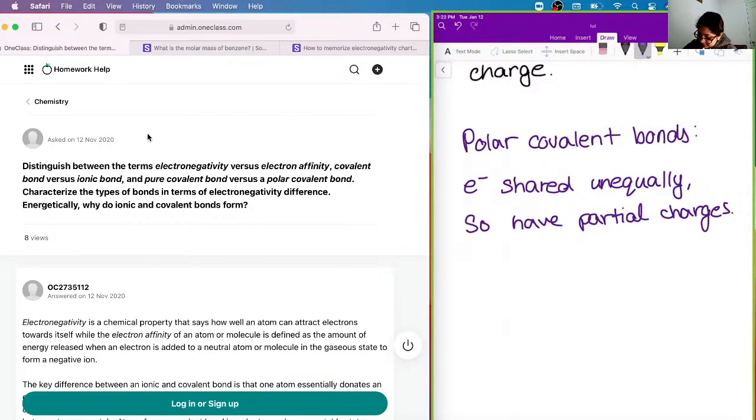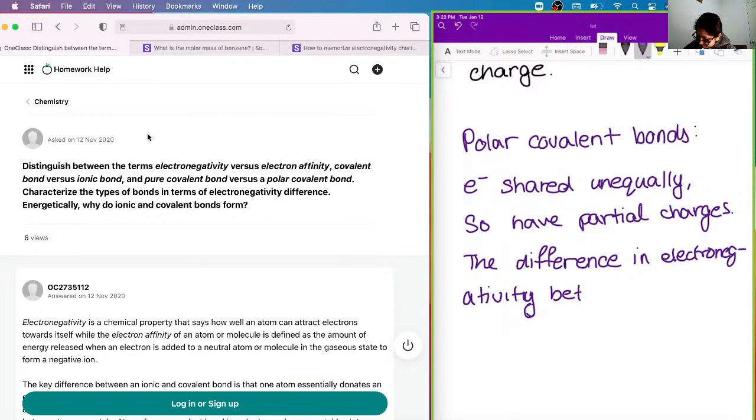So basically the difference in electronegativity between two atoms is what determines how polar a bond will be.